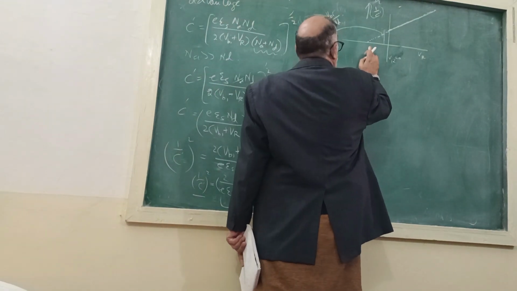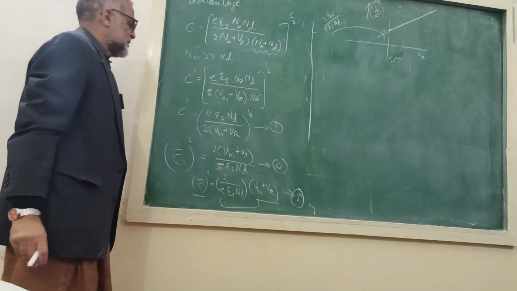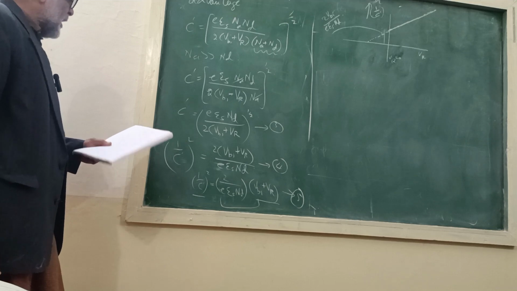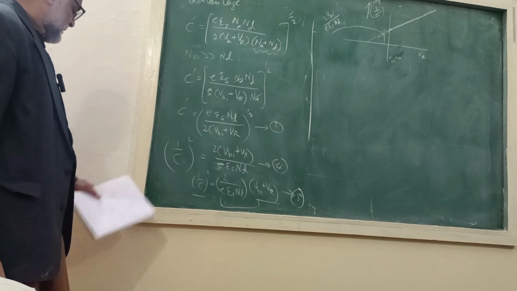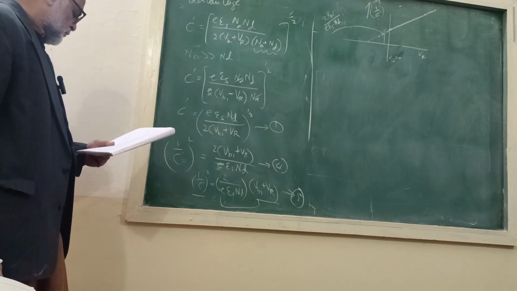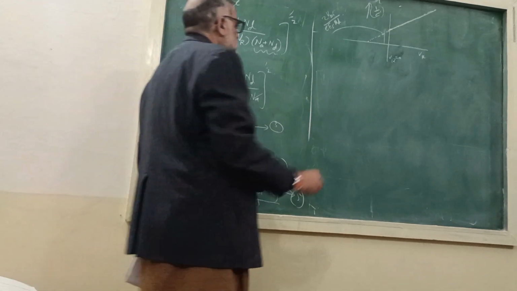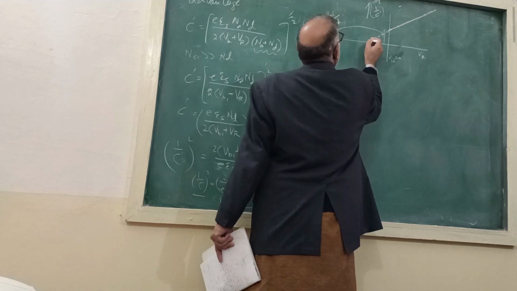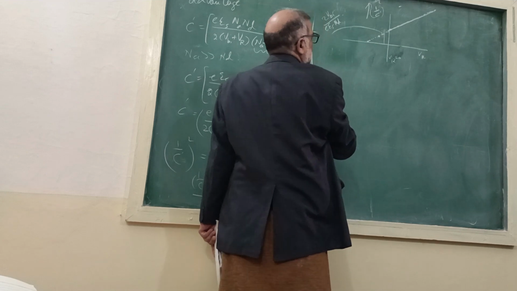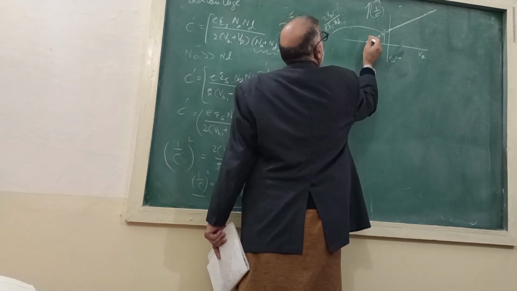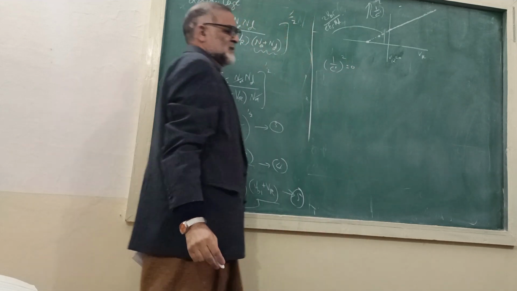Look, this plot has an intercept, where 1 over C square is equal to 0. When this crosses the x-axis, at this intercept, 1 over C prime square is equal to 0.